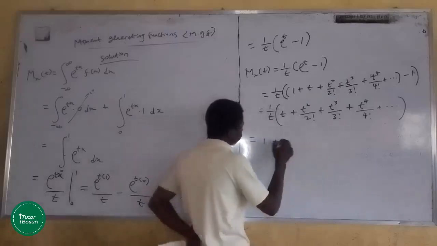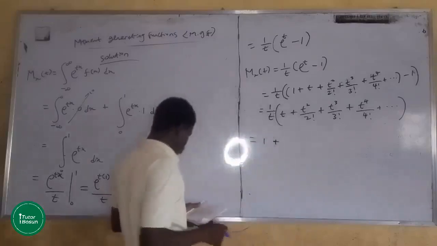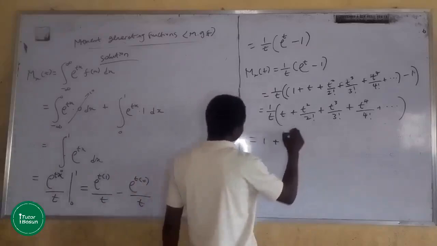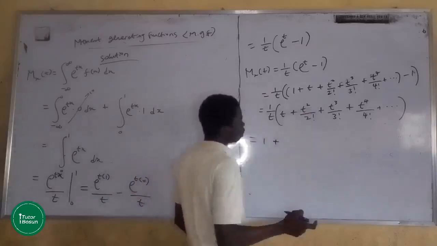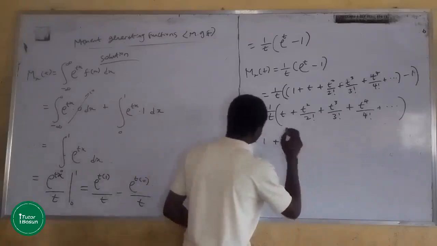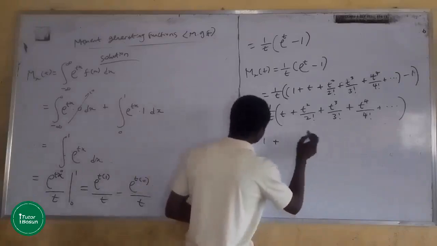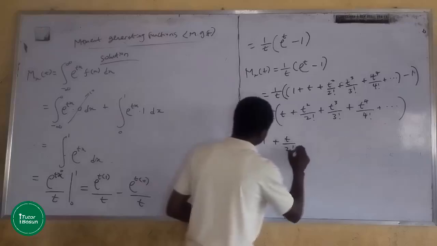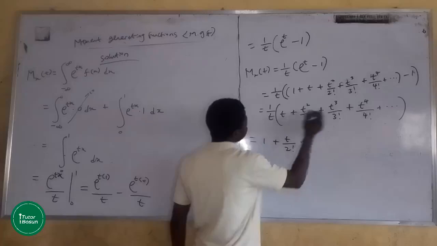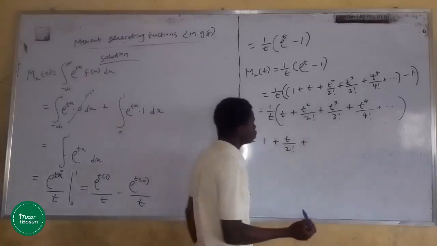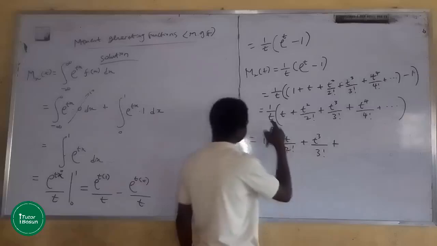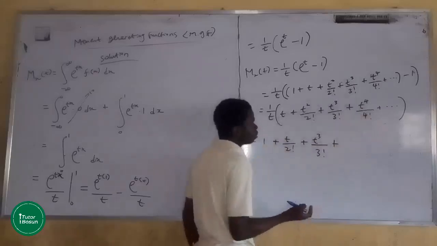So we are left with 1 plus t over 2 factorial plus t squared over 3 factorial plus t cubed over 4 factorial, as t cancels one of the t's each time.